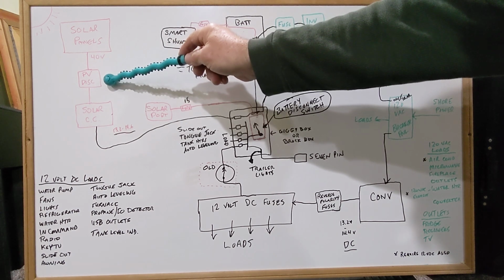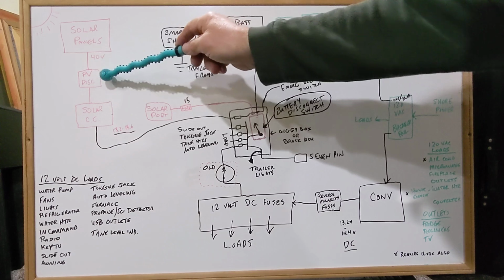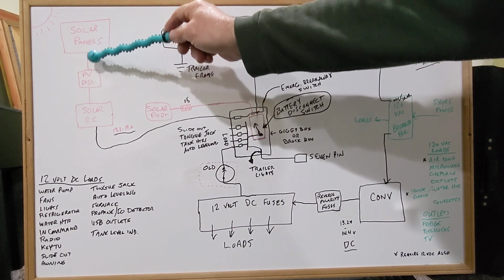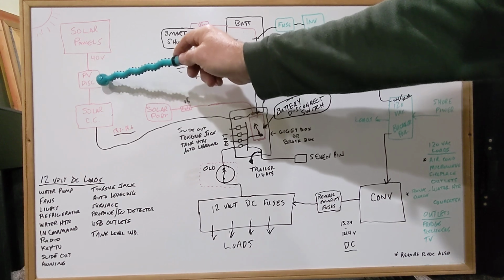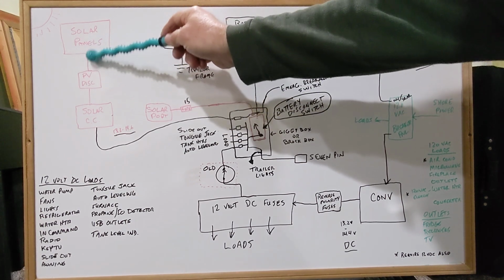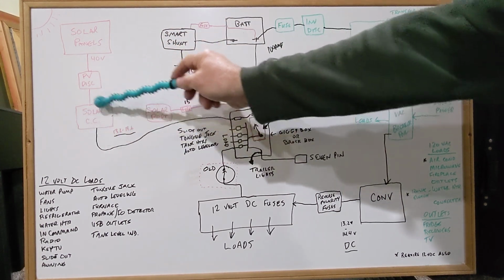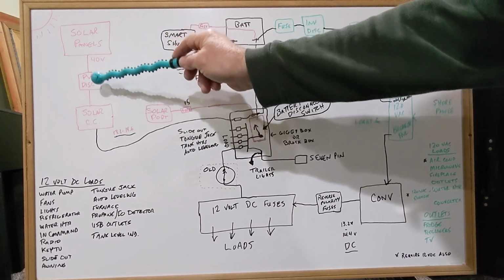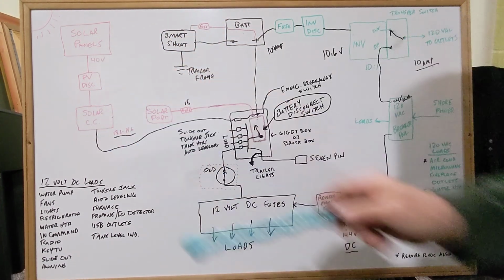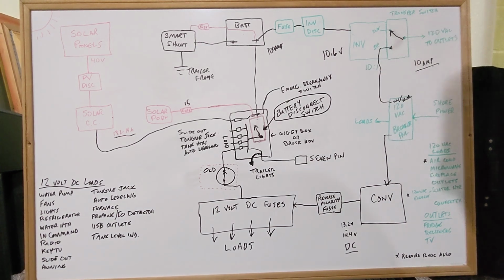It's a photovoltaic disconnect switch. It's just there to disconnect the output of the solar panels going to the solar charge controller. So if you want to do something with the charge controller, or there's a problem, you can open this switch and disconnect the panels and do what you need to do with the charge controller.